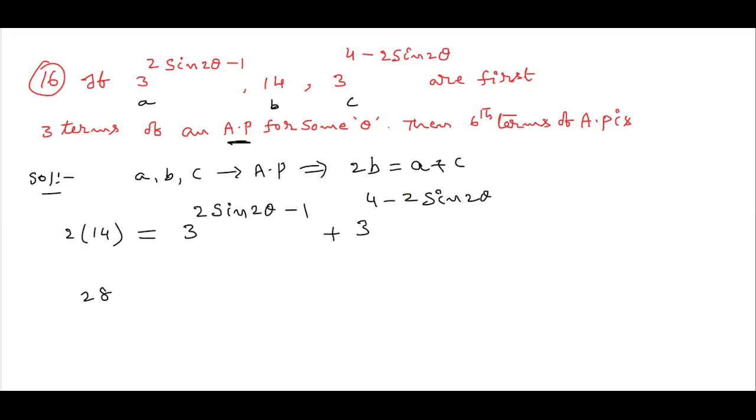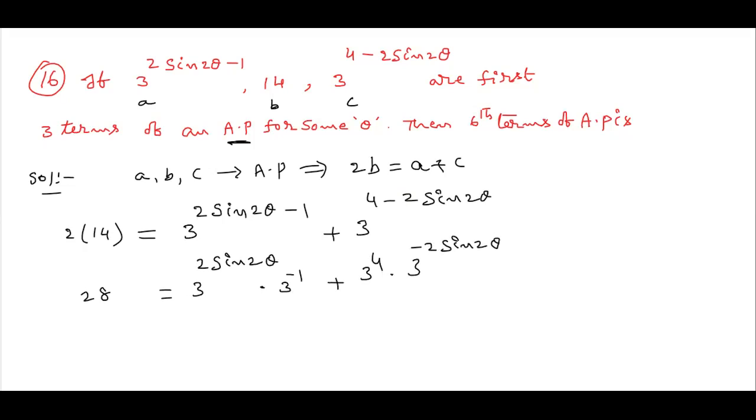This is 28. We can write this as 3 power 2 sine 2 theta into 3 power minus 1 plus 3 power 4 into 3 power minus 2 sine 2 theta.